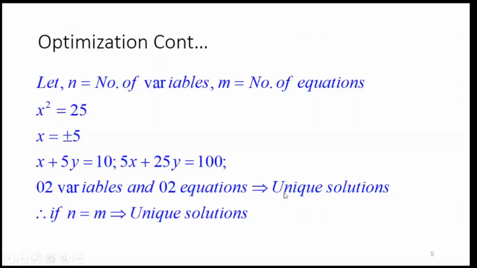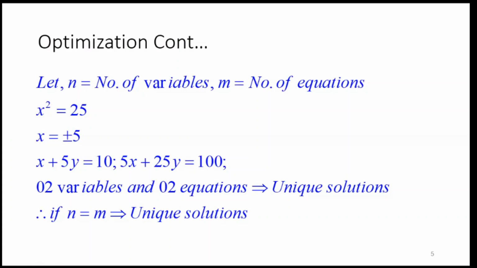So in general, now I would say small n is equal to number of variables, and small m is equal to number of equations. So if the number of variables is equal to the number of equations, then we will get the unique solutions. So if n is equal to m, then we will obtain the unique solutions, right?